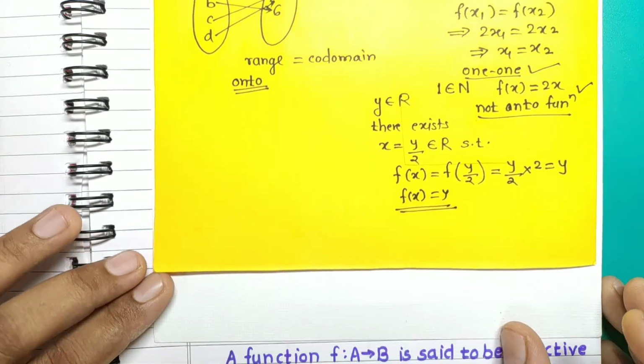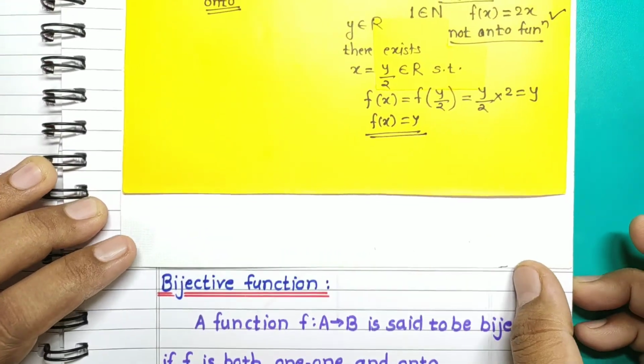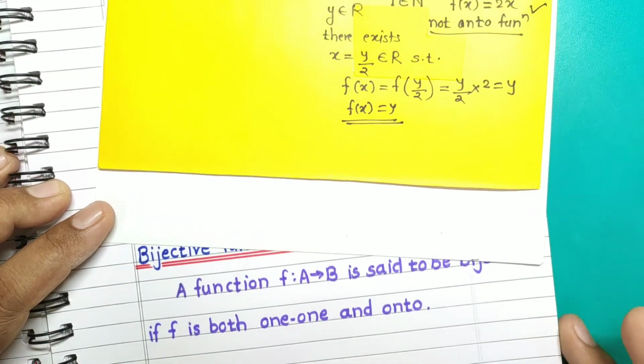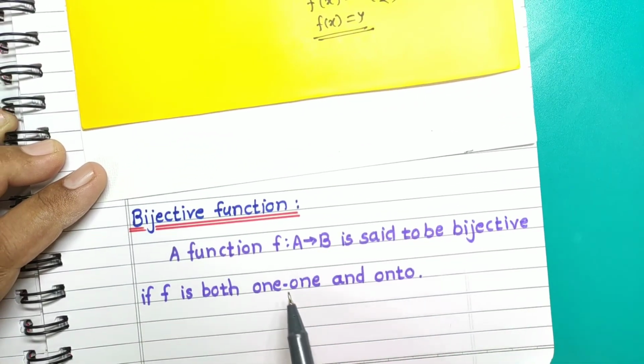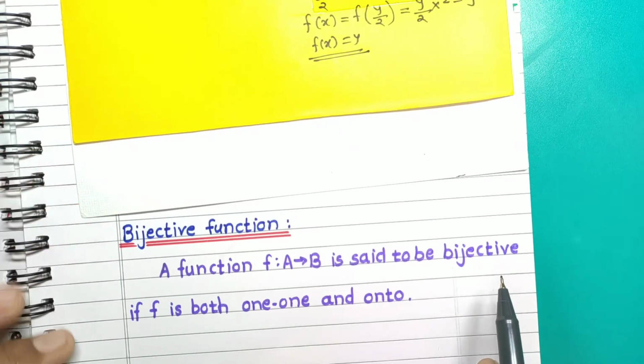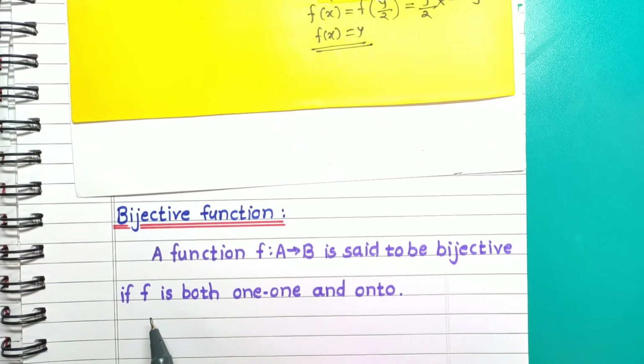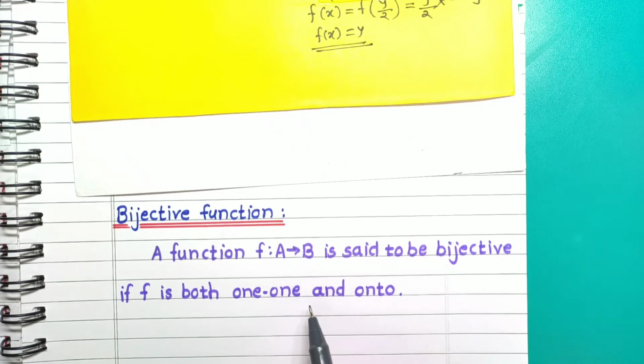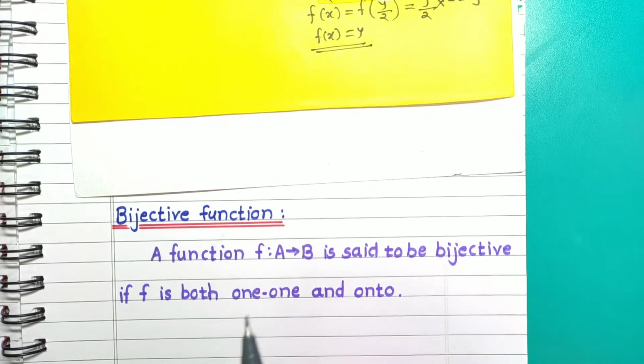See the definition: a function f from A to B is said to be a bijective function if f is both 1-1 and onto, that is injective and surjective. If a function is both injective and surjective, then it is called a bijective function.